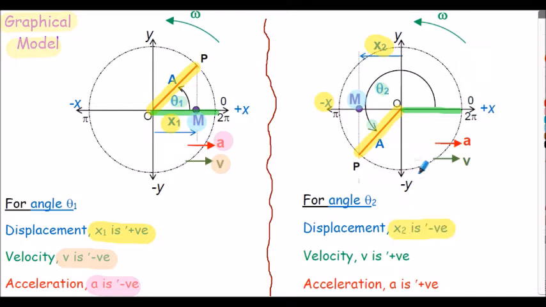However, at this position, the velocity would be positive, because M is now moving towards the mid position, and the acceleration would also be positive, as the acceleration is always inward seeking towards the equilibrium position. So that's just two instances to show how phasor OP moves to different positions during the periodic cycle, and how the displacement, velocity and acceleration values change their senses.